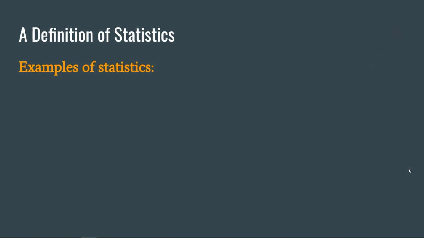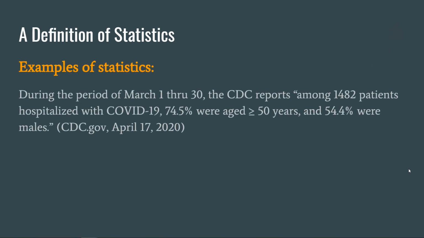So some examples of statistics is during the period of March 1st through the 30th, the CDC reported that among 1,482 patients hospitalized with COVID-19, 74.5% were aged greater than or equal to 50 years old, and 54.4% were males.